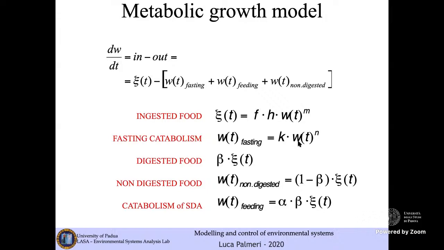respiration activities are proportional to the dimension of the organism, so the energy consumed by a starving organism is anyhow proportional to the weight of the organism. This proportion is not linear, but instead it depends on an exponential of the weight of the fish. We have two different exponents, m here and n here.